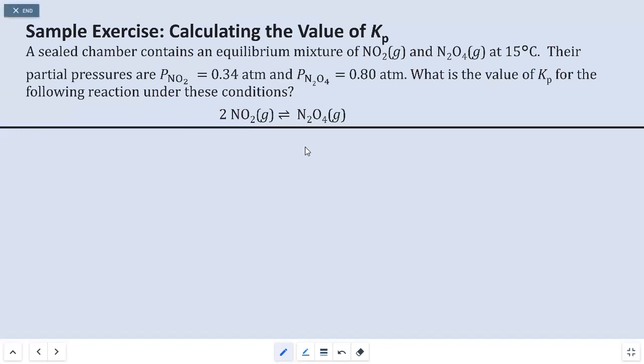So looking at the equilibrium expression as it is written right here, I know that Kp is going to be equal to the pressure of N2O4 over the pressure of NO2 quantity squared.